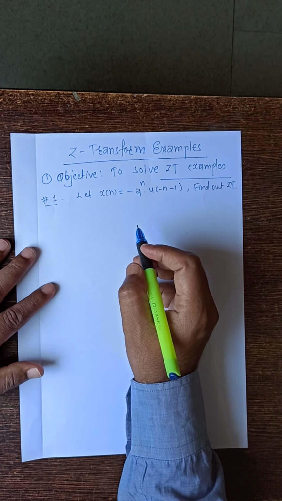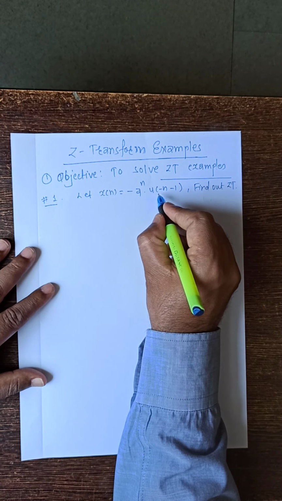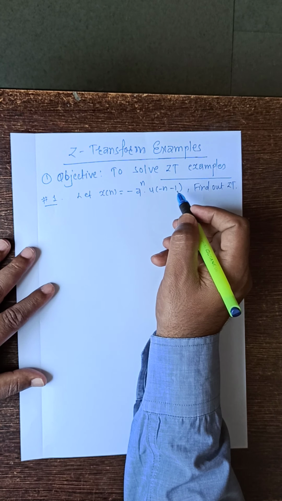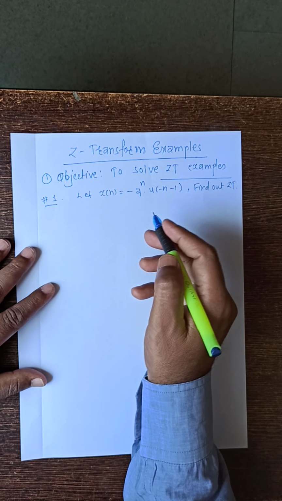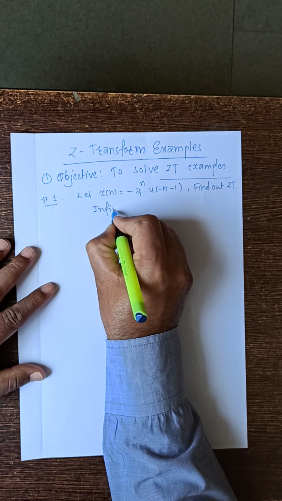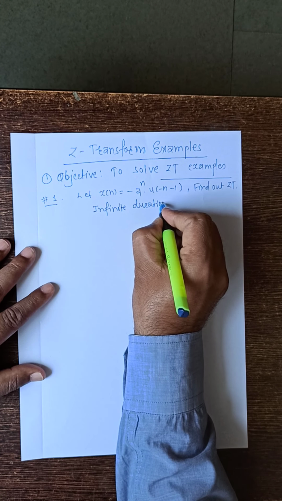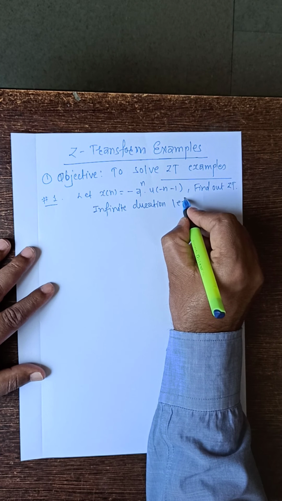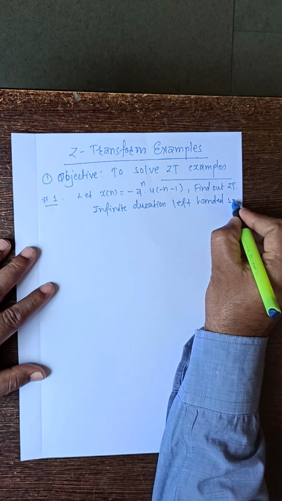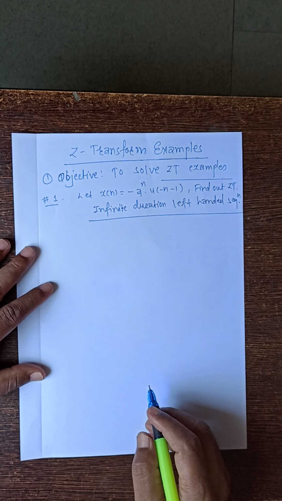So this u of minus n means what? Left-handed sequence, and it is ranging from minus infinity up to minus 1. So this is an infinite duration left-handed sequence.